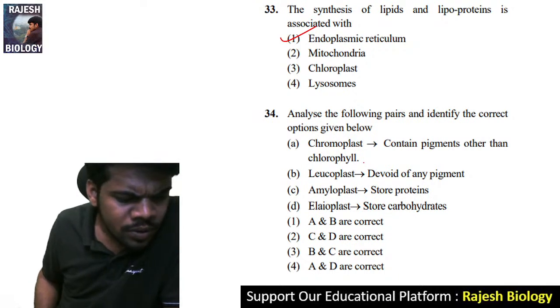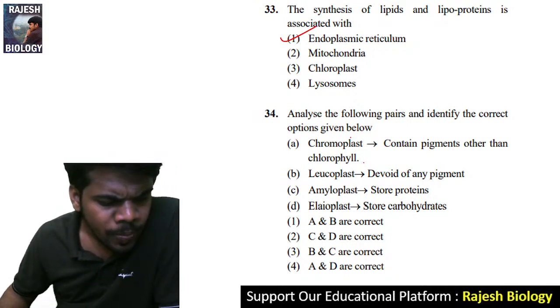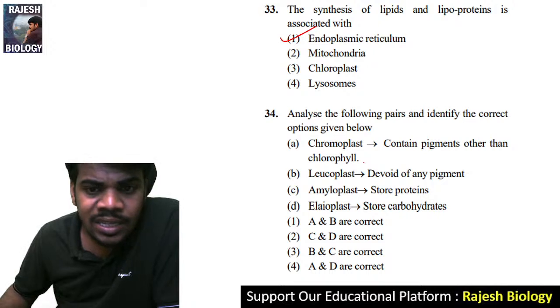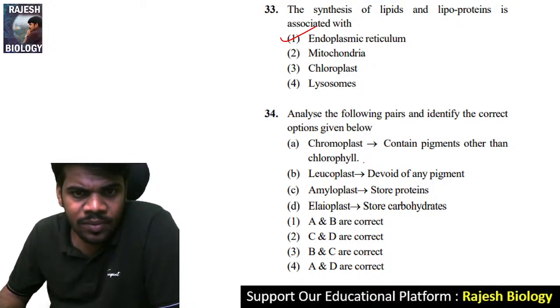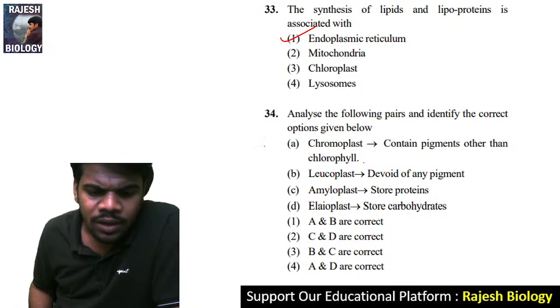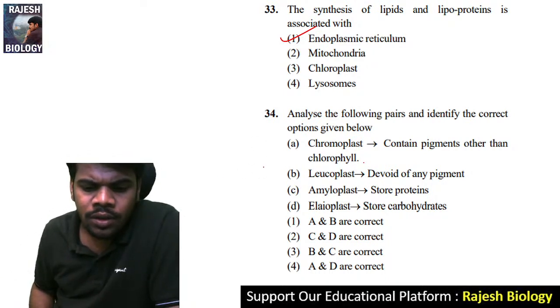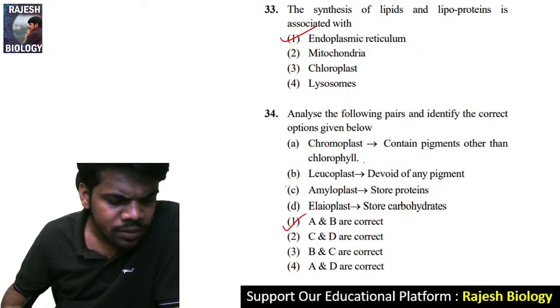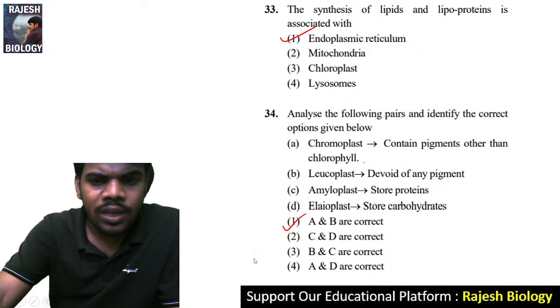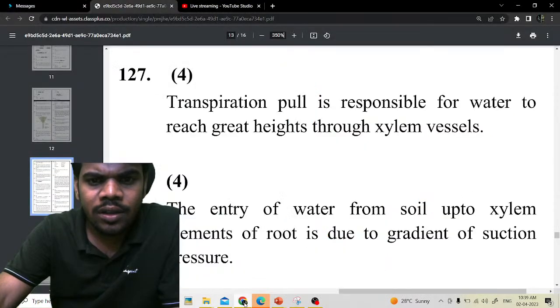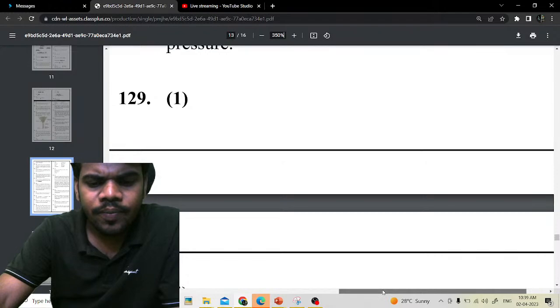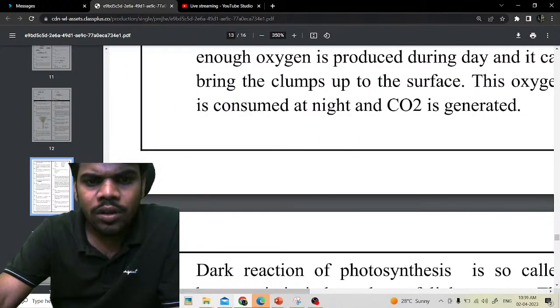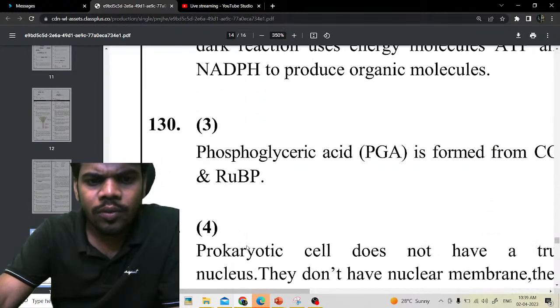34. Saujanya says 2 and Chandrika says 3. B and C are correct, and C and D are correct. But here, as per this key, A and B are correct. So let me check once with the key because so many are saying opposite to the key answer.